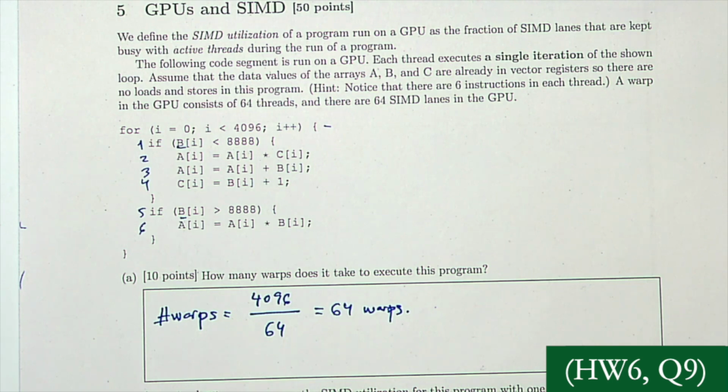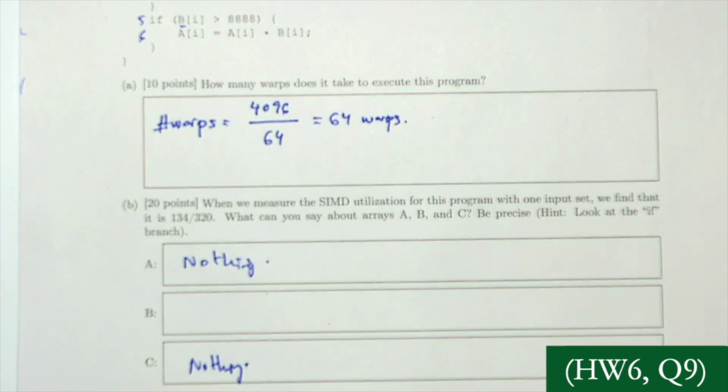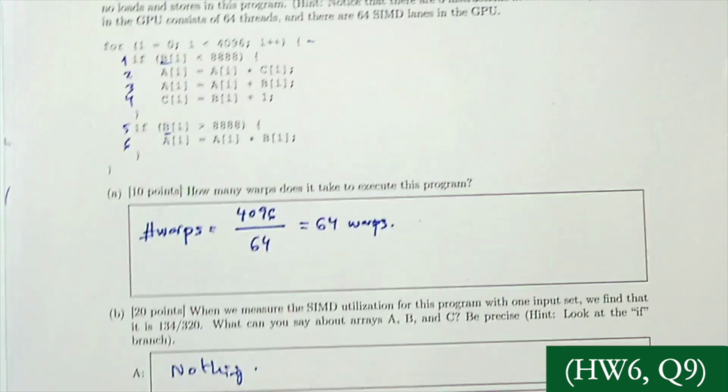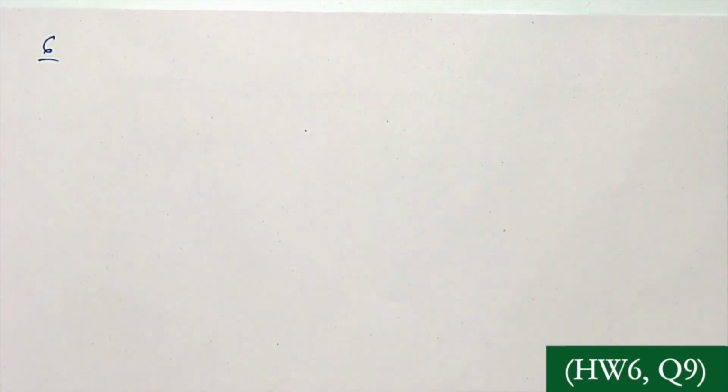But now the thing is, how do we reason about the actual utilization, which here is 134 divided by 320? What I would recommend, and let me use this as a scratchpad, is that you first look at the total number of instructions that the program has. We know that the program has 6 instructions, right?